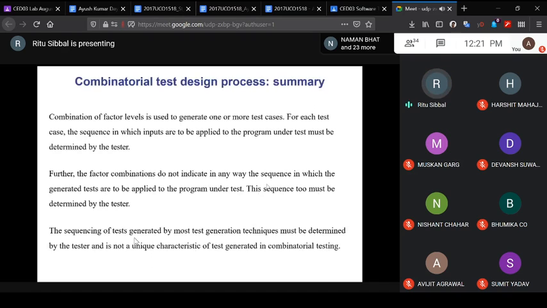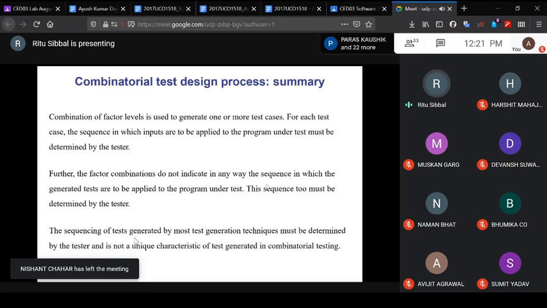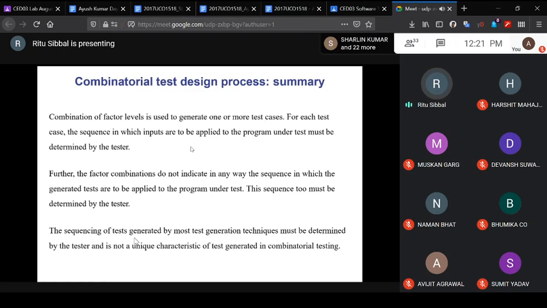Now, the combinatorial design process: how is a combinatorial design made? We have factors and levels, and we have to generate test cases. So we have seen that a combination of factor levels is used to generate one or more test cases. So we have to see what all factors and what all levels will be there in the test case.